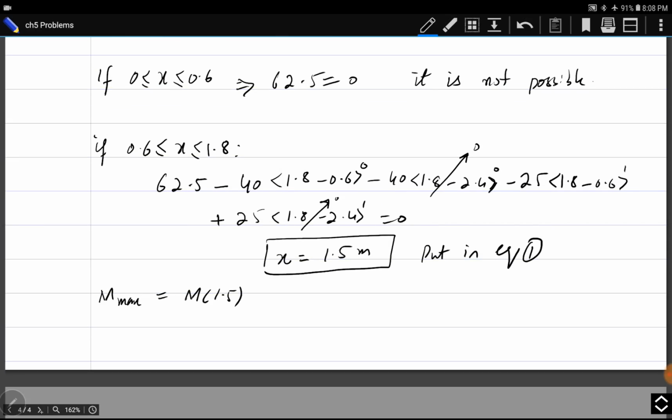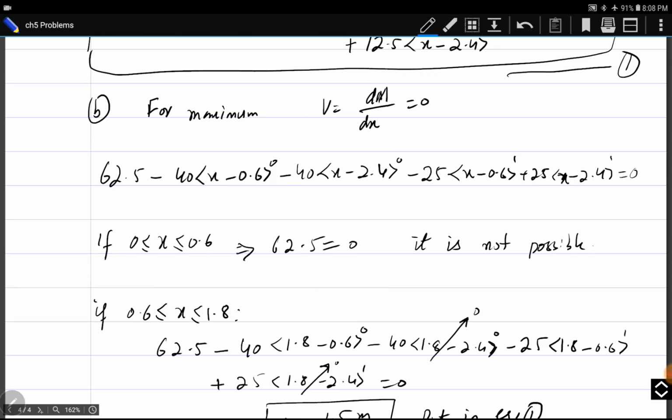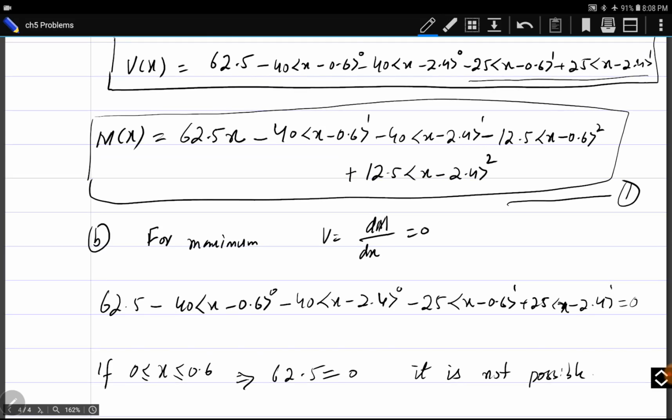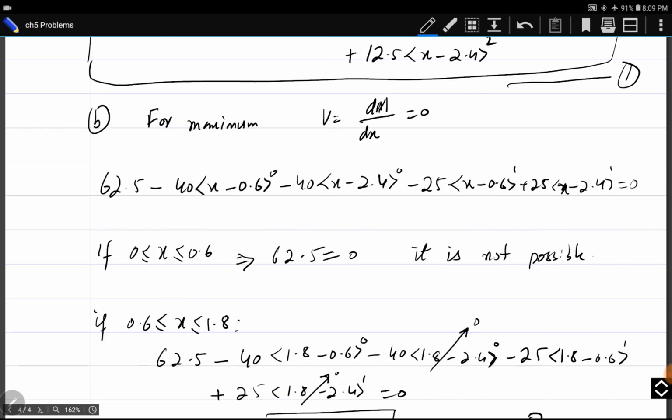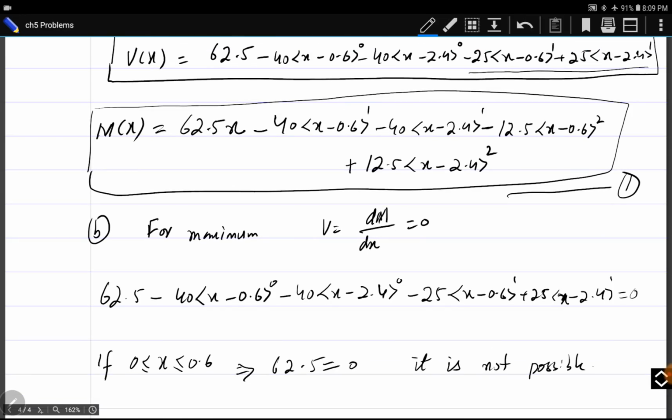It will be 62.5 minus 40 into 1.5 minus 0.6 power 1.